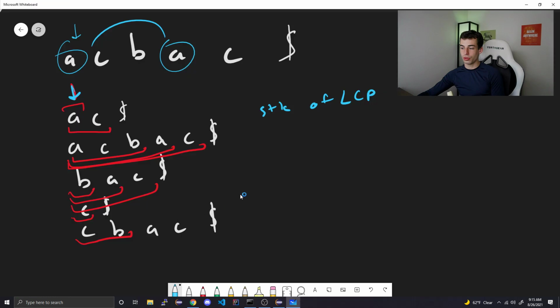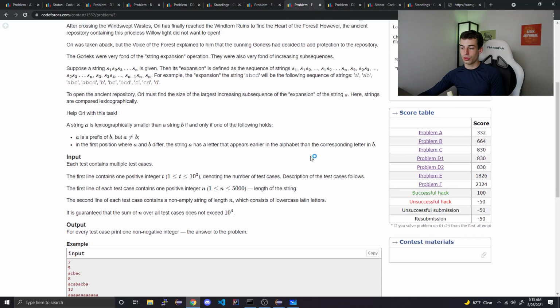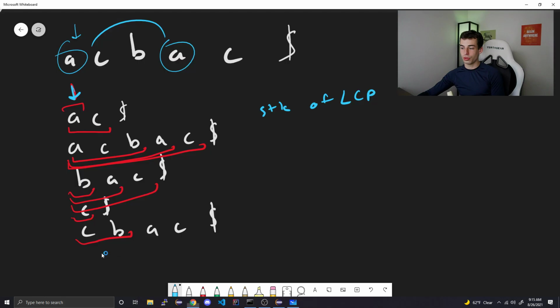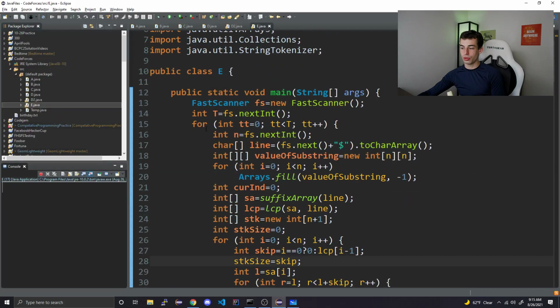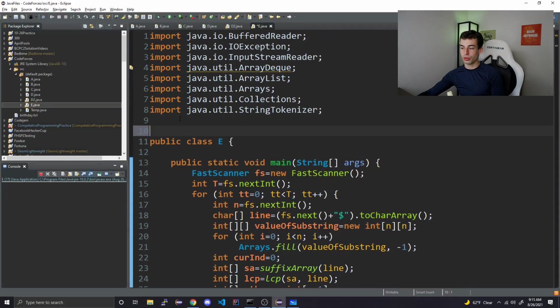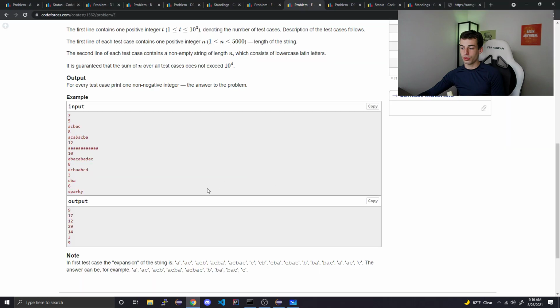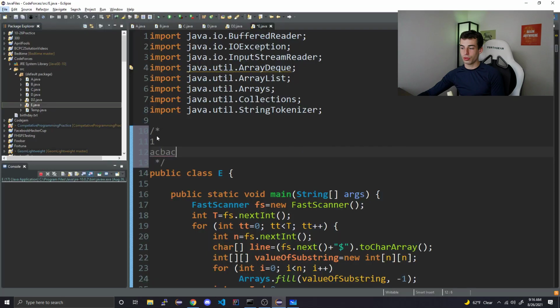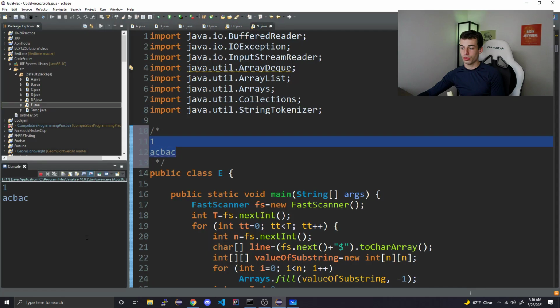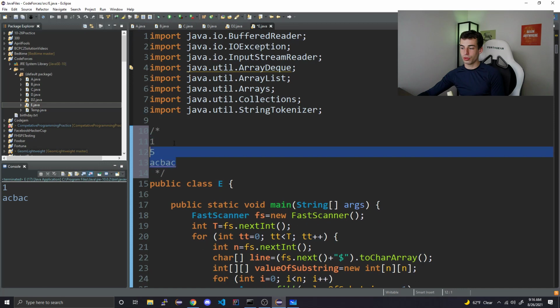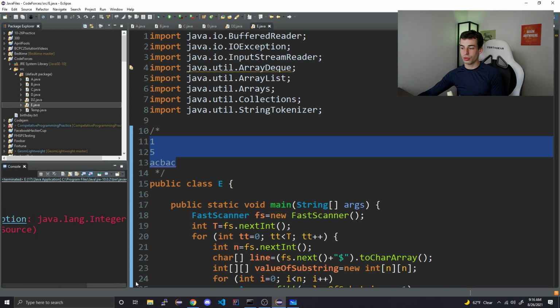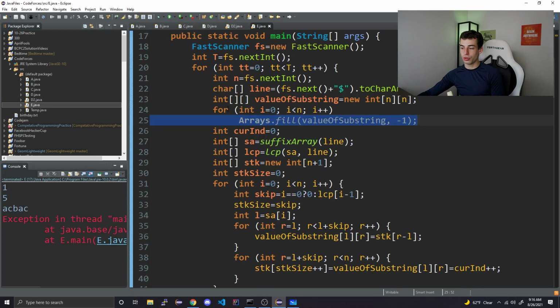Alright, let's see if this is reasonable. Well, I guess let's just do the one case here. So 1, it's AC, B, AC. Is that right? AC, B, AC. Looks good. Oh, we need the length. So 5 and this. We're crashing. Why are we crashing?